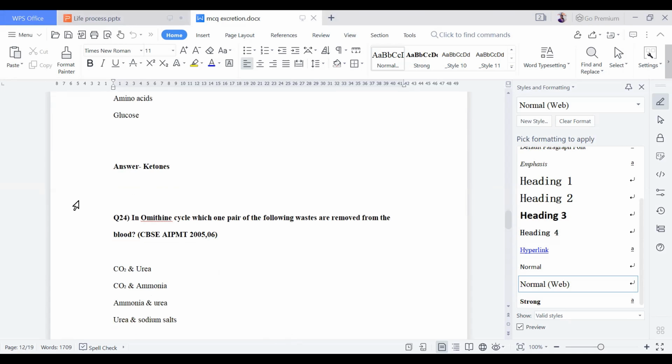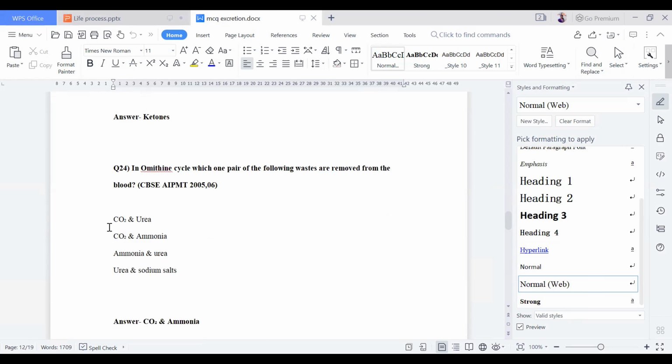Option D, urea and sodium salts. Okay. So the answer is carbon dioxide and ammonia.